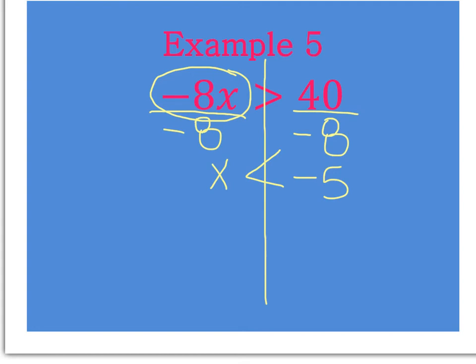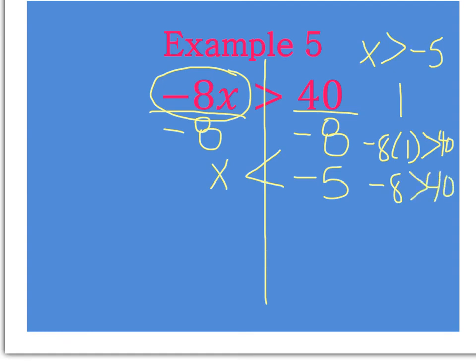And you say, well, why did we flip it? If we had left it as x is greater than negative 5, let's pick a number greater than negative 5. How about we pick 1? If we plug in 1 for x, negative 8 times 1, and we still leave it as the greater than, and then we have 40 over here, negative 8 is greater than 40.